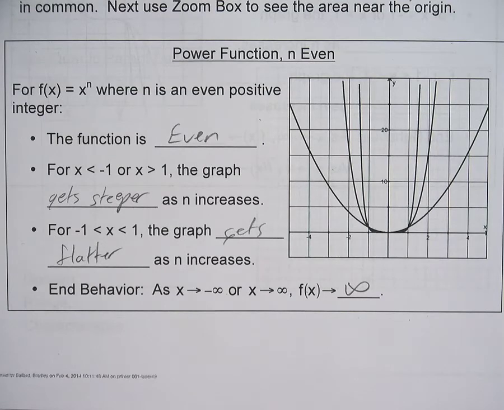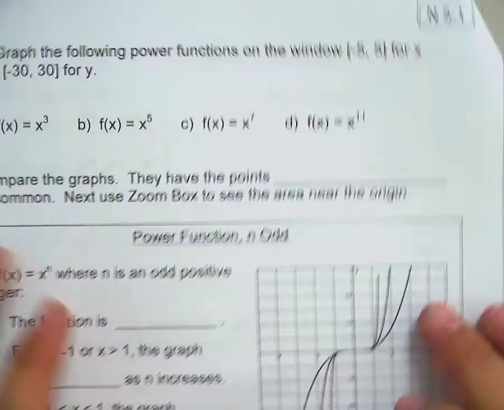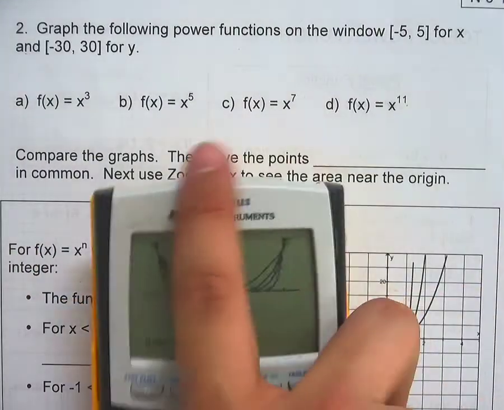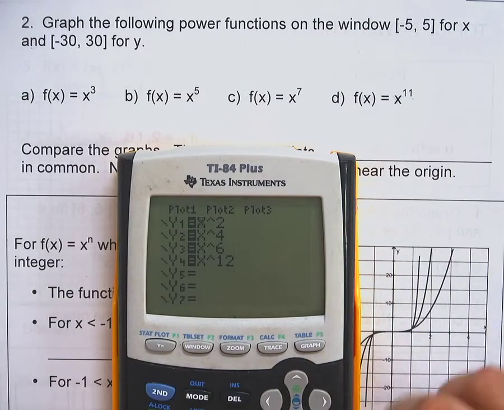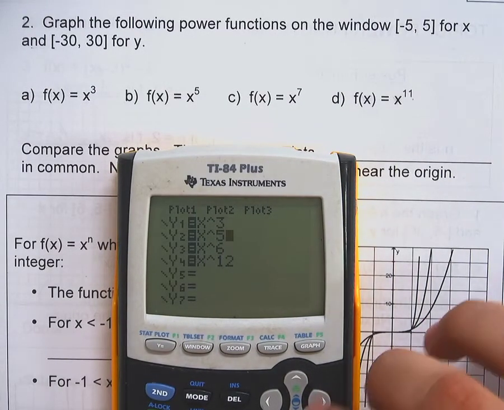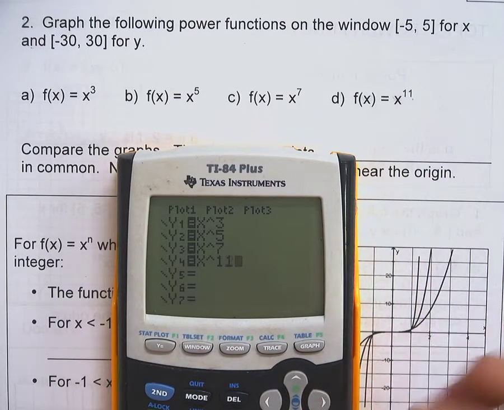Now this one does have a lot of information on it, so I'm going to try and go as quickly as I can. You can always watch it again if you miss it. All right, now these guys. I'm going to graph x to the third, x to the fifth, x to the seventh, and x to the 11th.